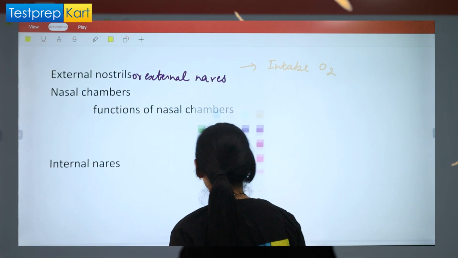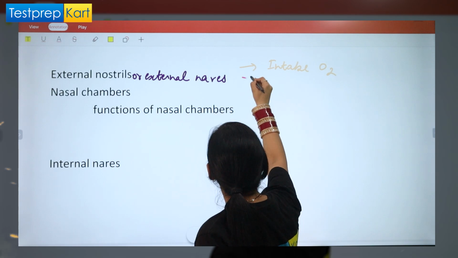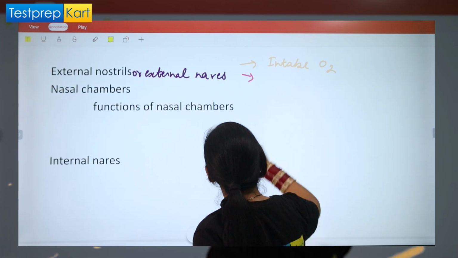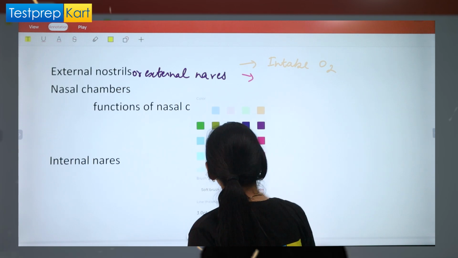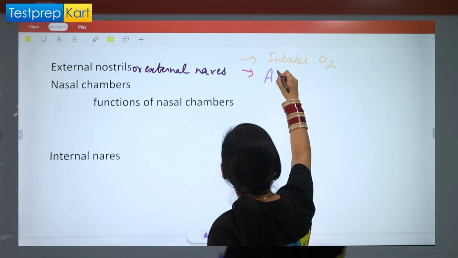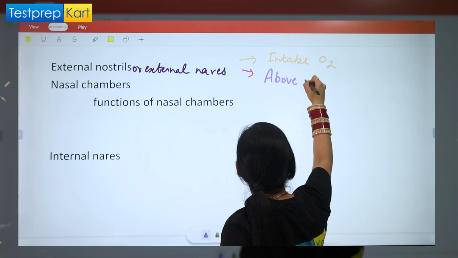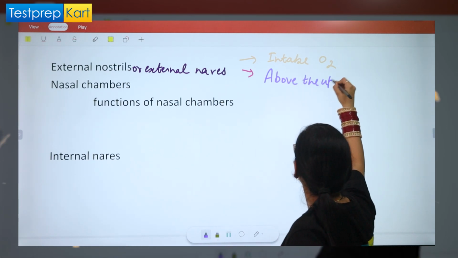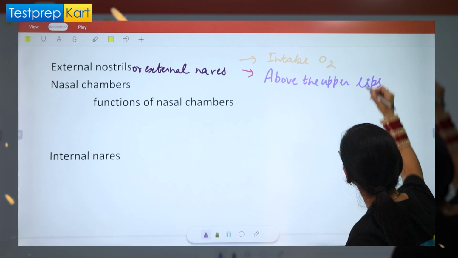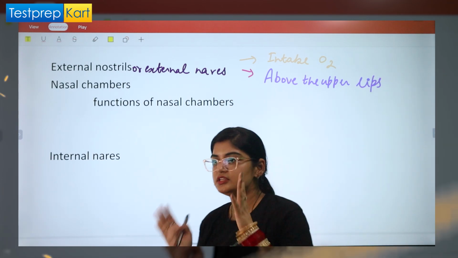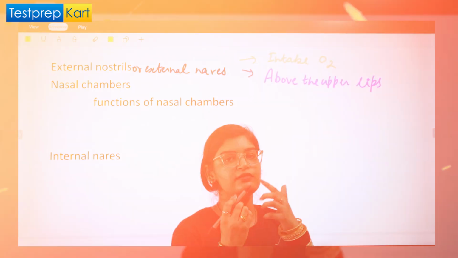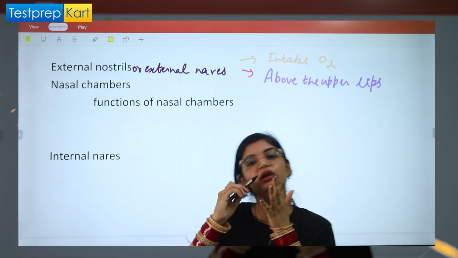When we talk about the location of the external nostrils, they are present above the upper lip, right? See yourself in a mirror, then you will get a better answer. The nostrils are present just above our upper lip.